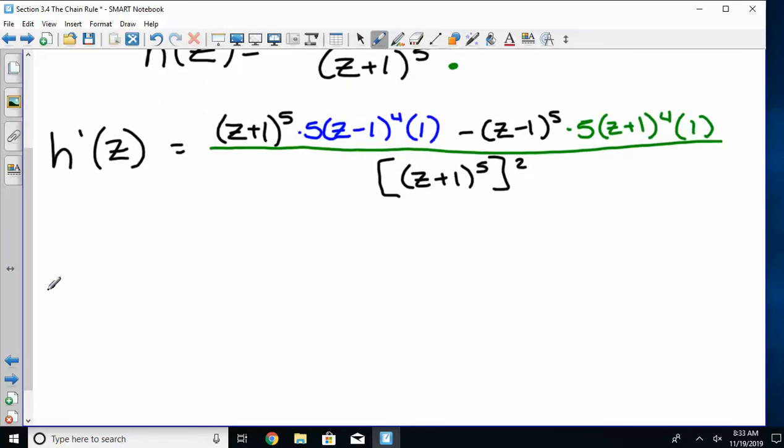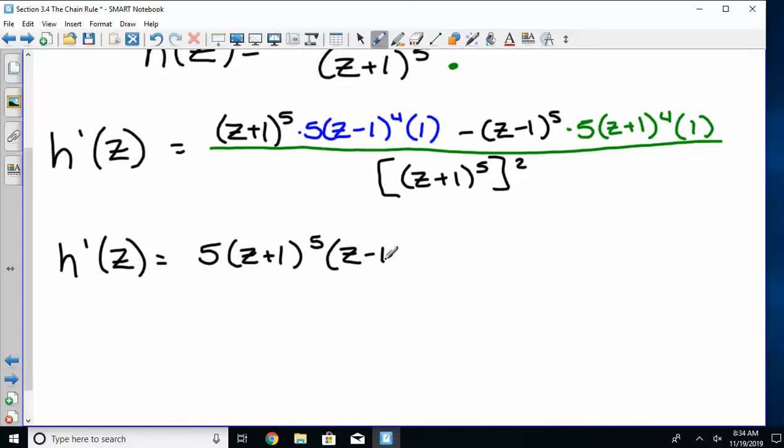We have a lot of cleanup to do here, so neatness is going to be your friend. You need to be able to read your handwriting to clean this up. So as I'm working through this, on the top, I'm going to pull that 5 just out in the front. Then we have the z plus 1 to the 5th, the z minus 1 to the 4th, and then I could just drop my times 1, can't I?